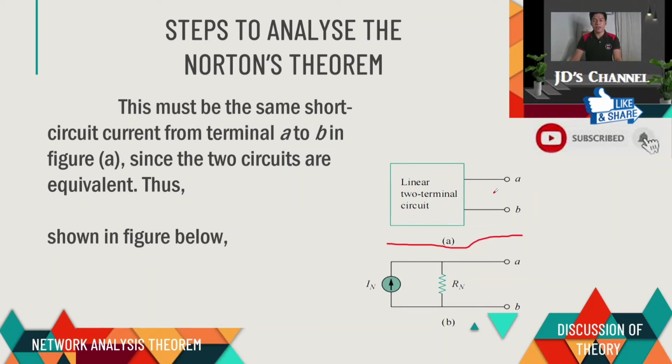Why do we say that the short circuit current is the same as the current that will pass through here? When we short this, it becomes connected and there will be a flow of current, which is the short circuit current we are talking about. So why is it equal to our IN? Again, the two circuits are equivalent.